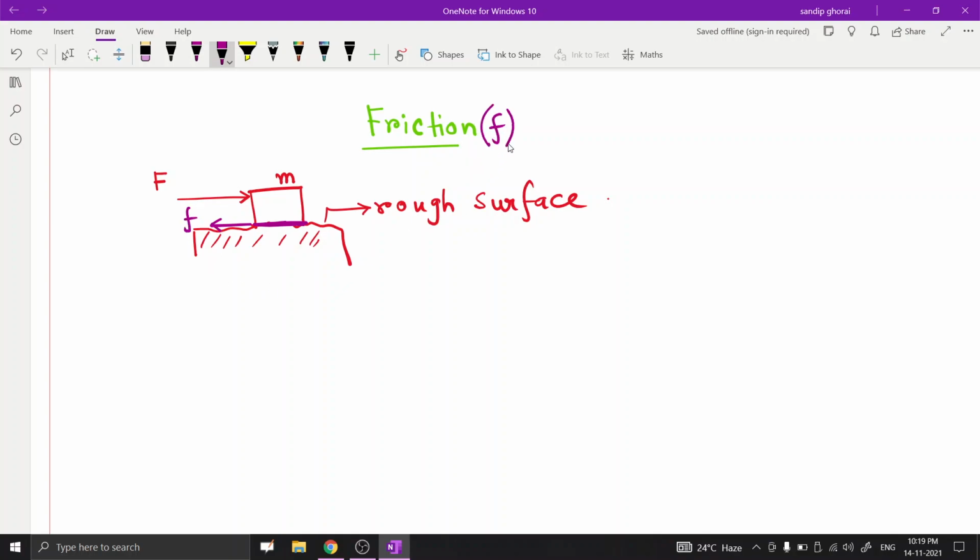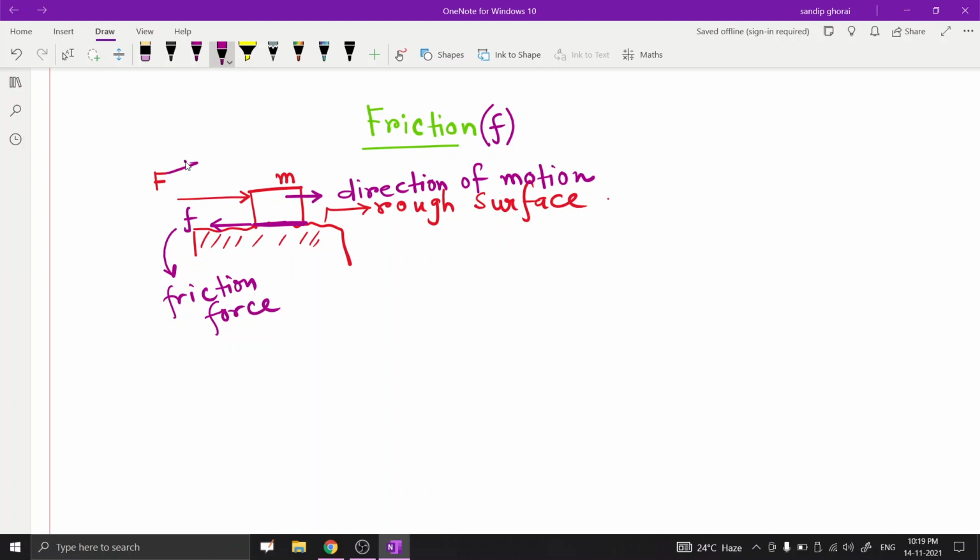Here small f is the friction force, which acts in the opposite direction of the motion of the body. The body of mass m wants to move in the direction of capital F, so this is the direction of motion, and small f, the friction force, acts opposite to it.